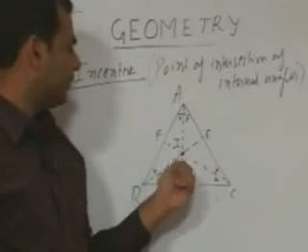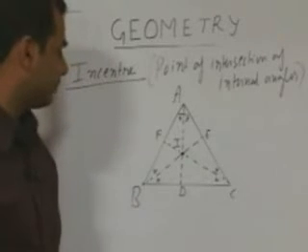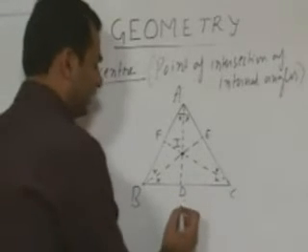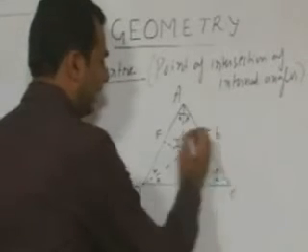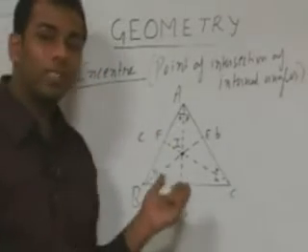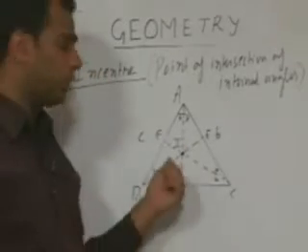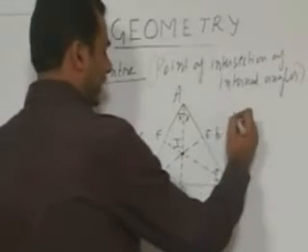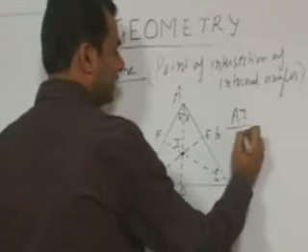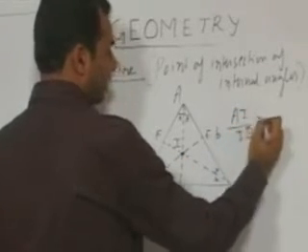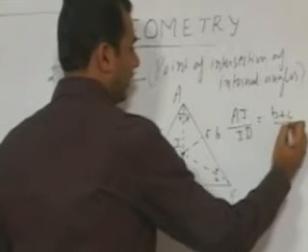Okay. So the different properties related with the in-center are, for example, if I say this is side a, this is side b, and this is side c. Now, in case of the centroid, it always divides the median in the ratio 2:1. Here there is also one of the important properties, that AI by ID is equal to (b plus c) divided by a.